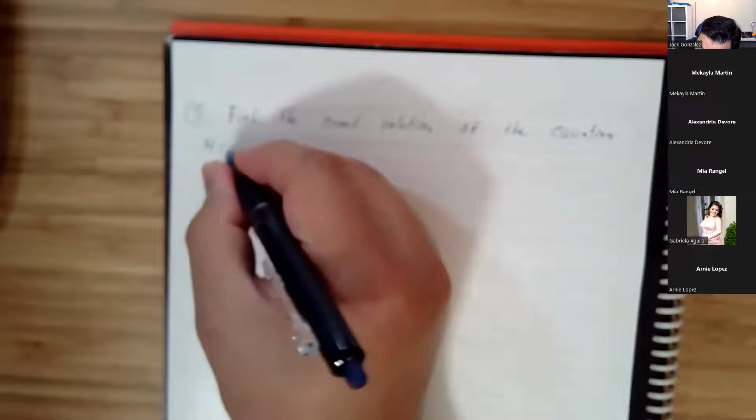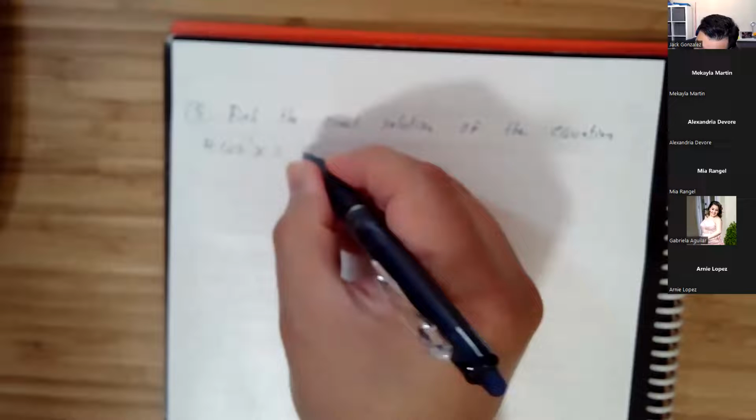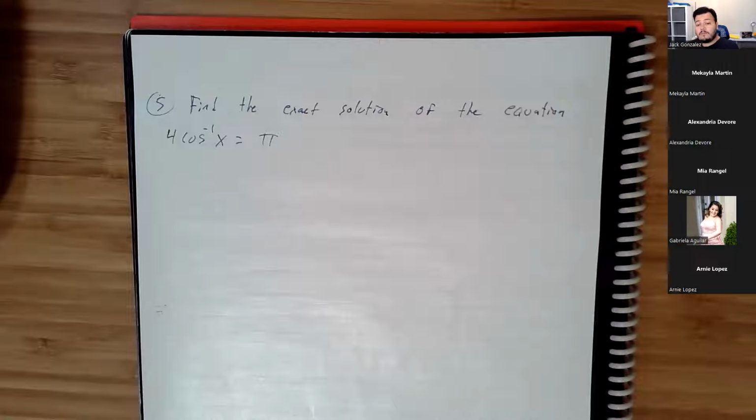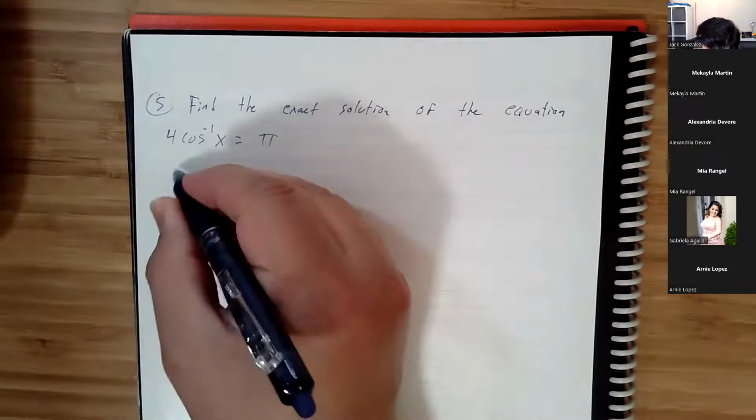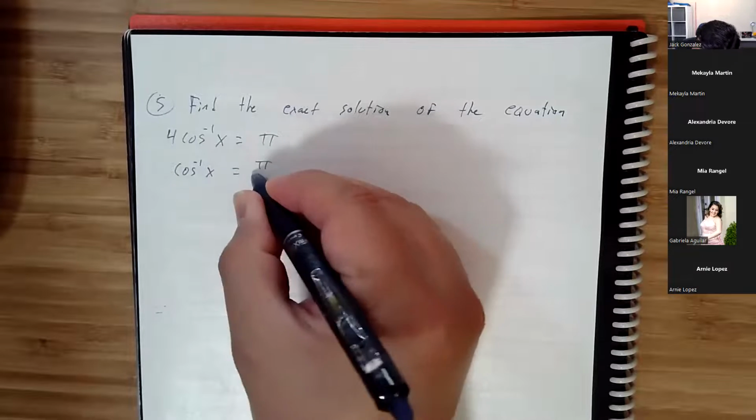So for cosine inverse, x equal to pi. So isolate cosine inverse, divide both sides by 4. You get to here, right?